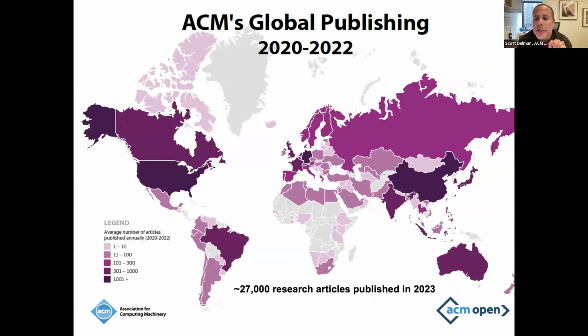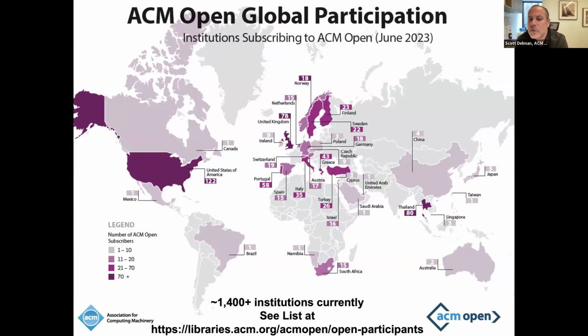Very quickly, what you see is a map, color-coded. The darkest are obviously the places where we're publishing the most, lightest the least, superimposed with some numbers at the country level. This is a little bit out of date. I think it was last updated about a year ago.